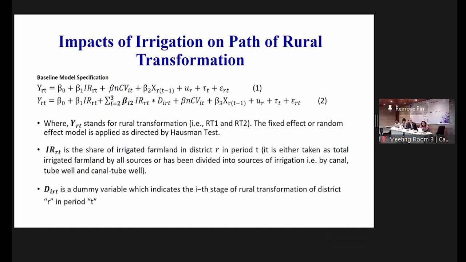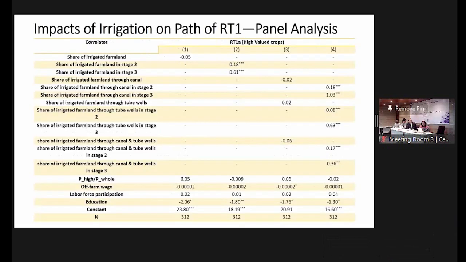I got a message to be quick, so I'm going to move towards the results slide. These are the models where my dependent variable is RT1, which is the share of high-valued agriculture. If I first look at model 1 and model 3, in these two models we do not regard the stages.